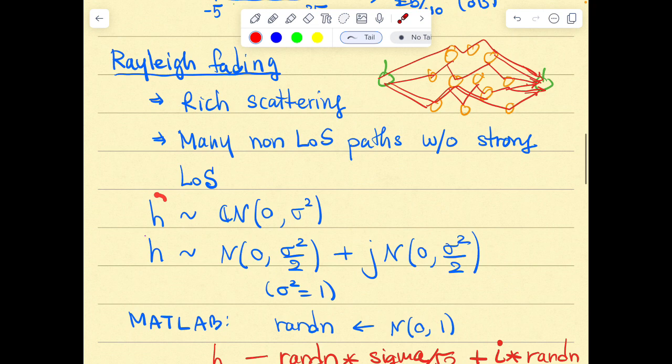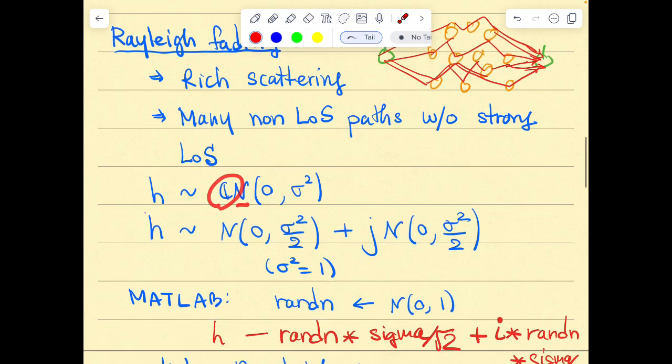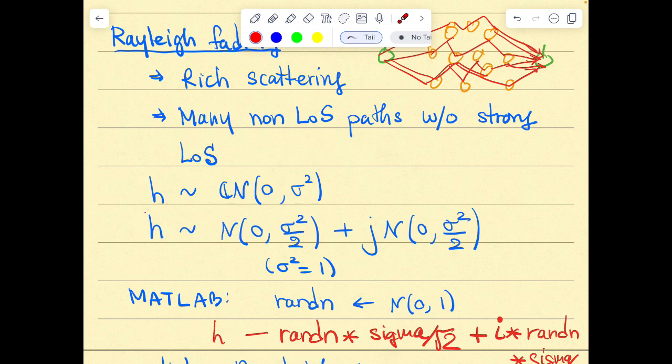We can model h in this case as complex Gaussian. So h here is a complex normal random variable with zero mean and variance sigma squared. We can also assume that sigma squared is equal to 1. So what does complex Gaussian mean? It means there's a real part and an imaginary part.